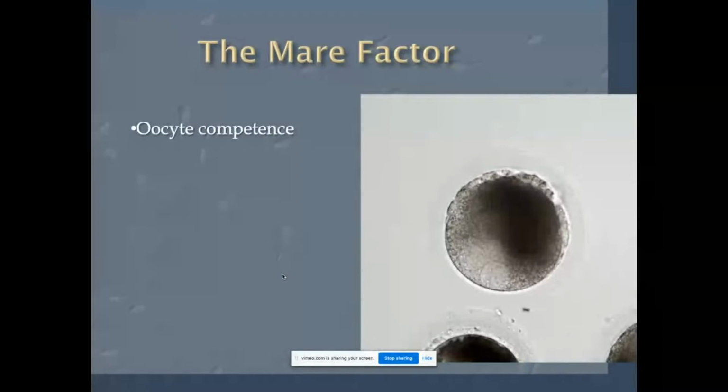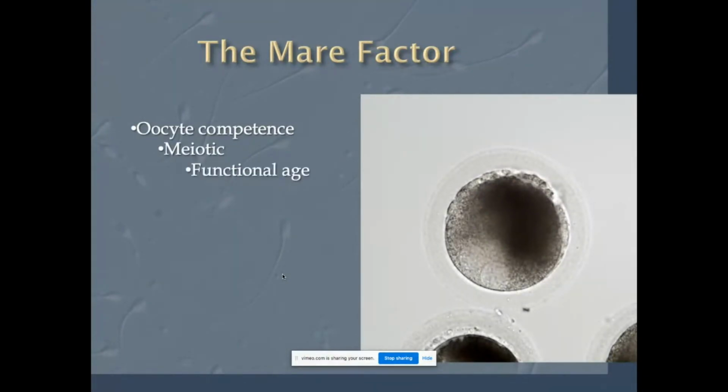Okay, oocyte competence is the ultimate determination for whether we have a useful oocyte quality. And the first thing we talk about is meiotic competence. In other words, the ability to mature, to resume meiosis once recovered from a follicle. And this, of course, is very much related to the functional age.